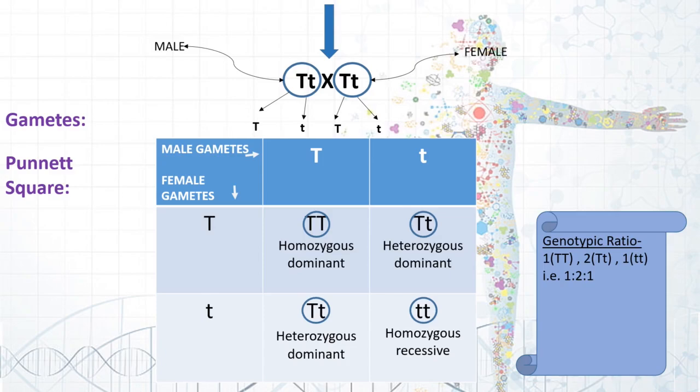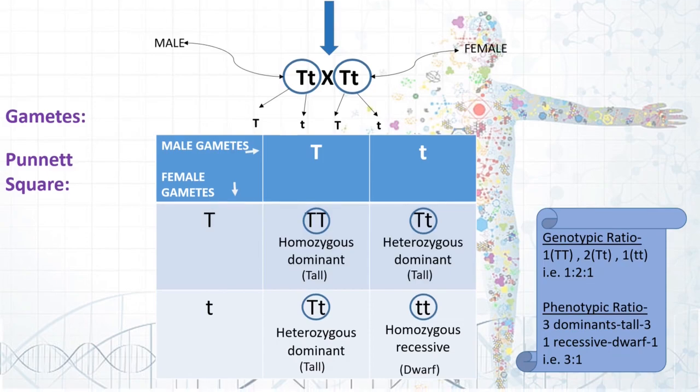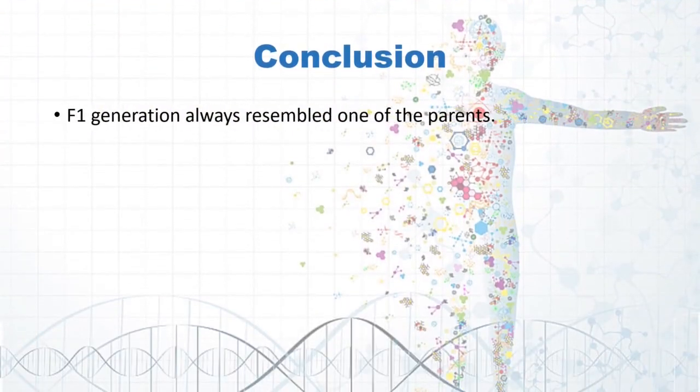That is 1 homozygous dominant, 2 heterozygous dominant and 1 homozygous recessive. The phenotypic ratio of such a cross is 3:1. That is, 3 plants are going to be tall as they have the dominant allele and 1 is going to be dwarf as it doesn't have one.